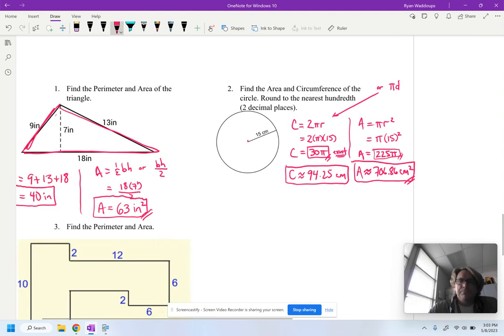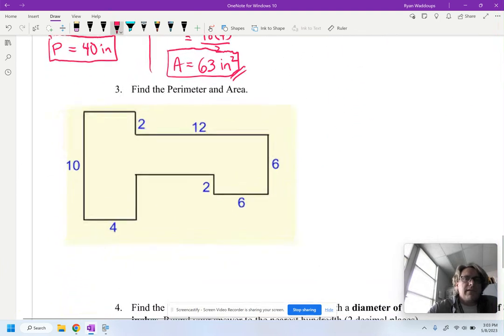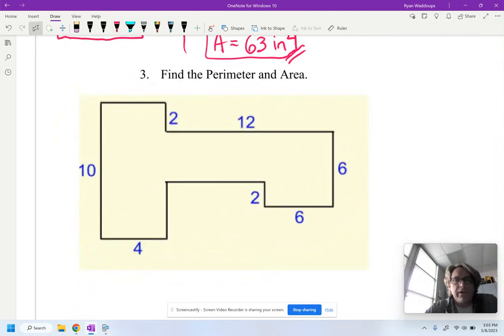All right, here on this problem, which is to find the perimeter and area, let's fill in some of the things that we can figure out. So like 4 here, that means that this up here is 4.